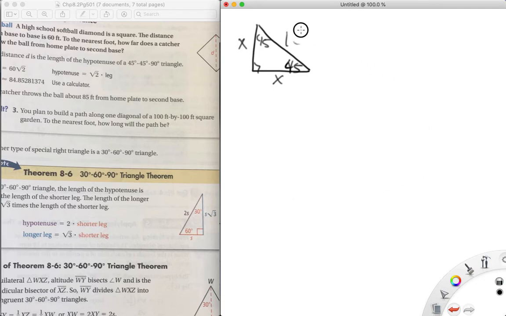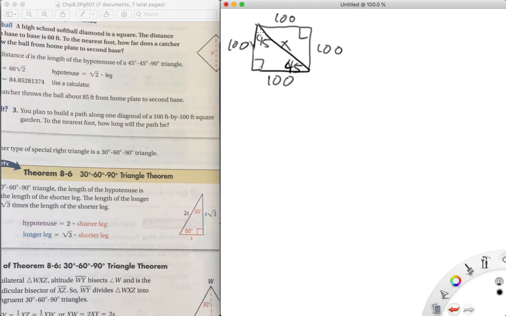It says we have a 100 by 100 foot square. So if we have a square, this is 100, and this side is going to be x, and they want to know what the diagonal is.